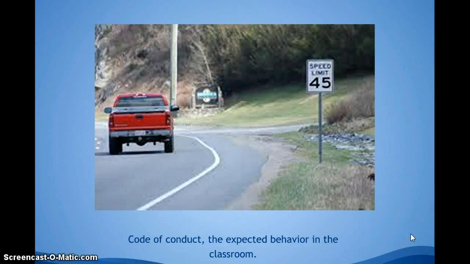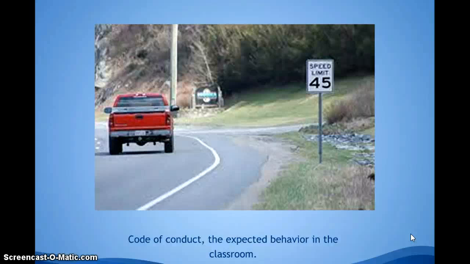The next one is presumably this car is driving the speed limit. These are the rules of your classroom. These are the things that, if you do all of them, you're more likely to accomplish the mission statement or the guideline for success that we just talked about. So this is like the code of conduct or the expected behavior in the classroom.